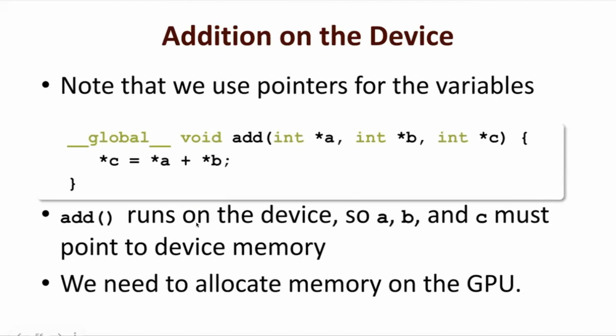There's one issue here. When I talked about memory previously, I was talking about memory in the GPU, because this global function can only be executed on the device. When I say the pointer points to a memory address, this should be a memory address in the GPU memory, not the main memory. But how can we get access to the GPU memory?